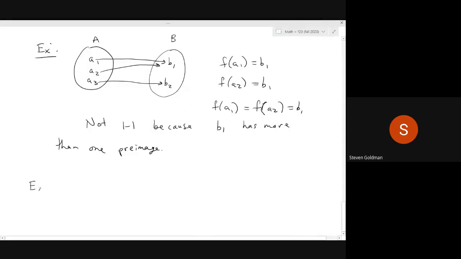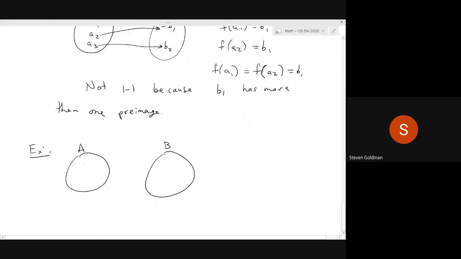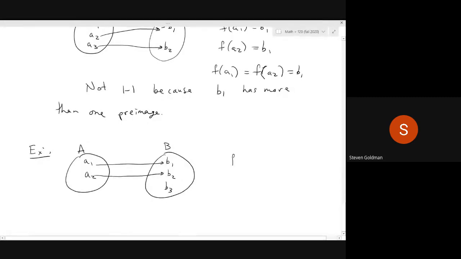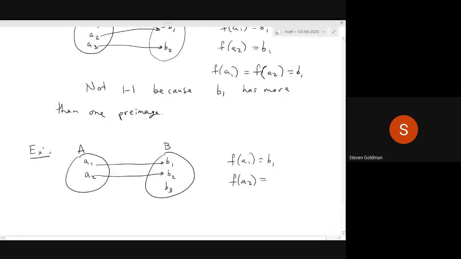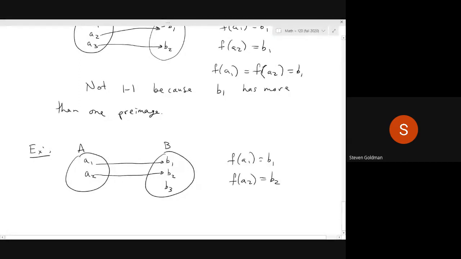Let's say I have a function that looks like this. f(a1) = b1, f(a2) = b2. Here every assignment from elements in the set B in the codomain is unique.